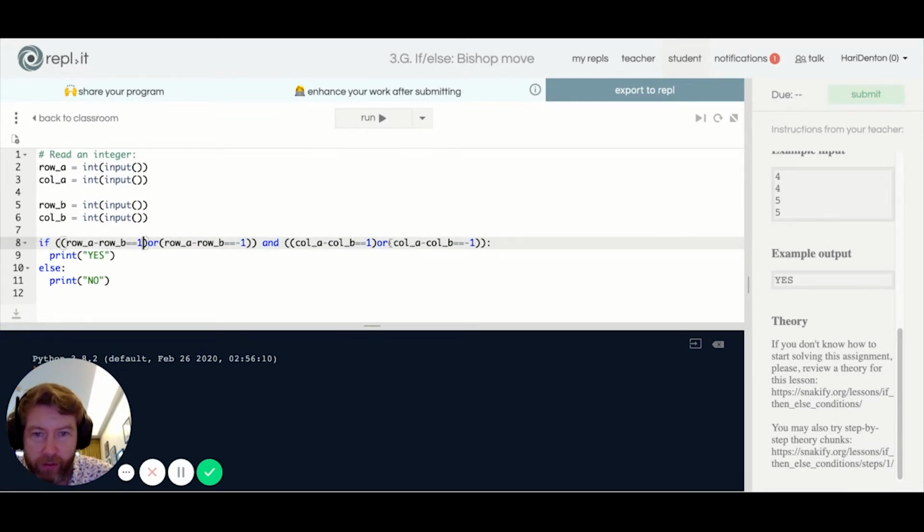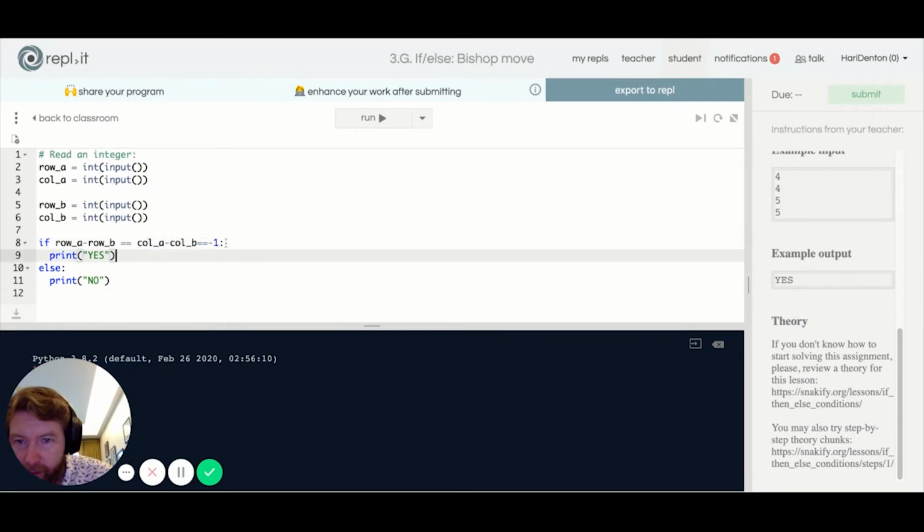So if the row difference equals the column difference, sorry. Much, much more simple because it's only on diagonals. I didn't see that. So if the row difference equals the column difference, then that's, oh no.